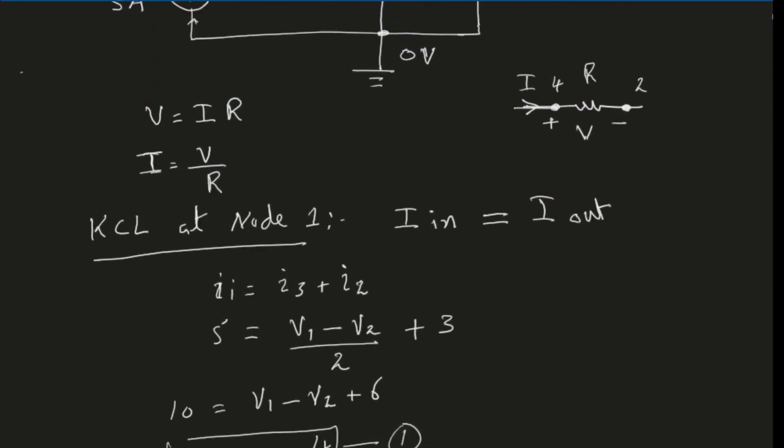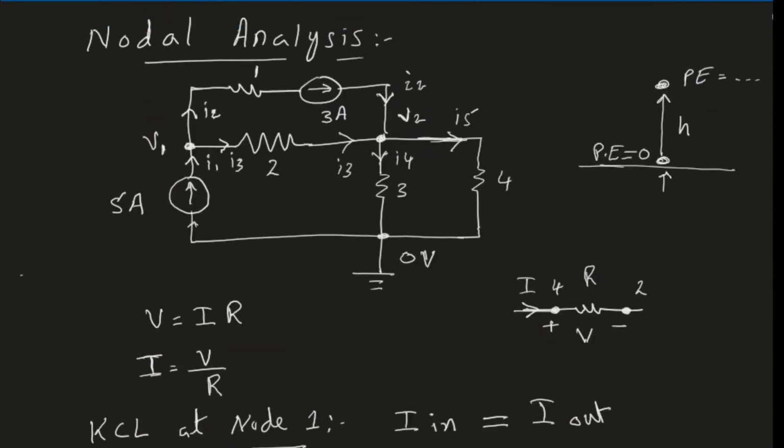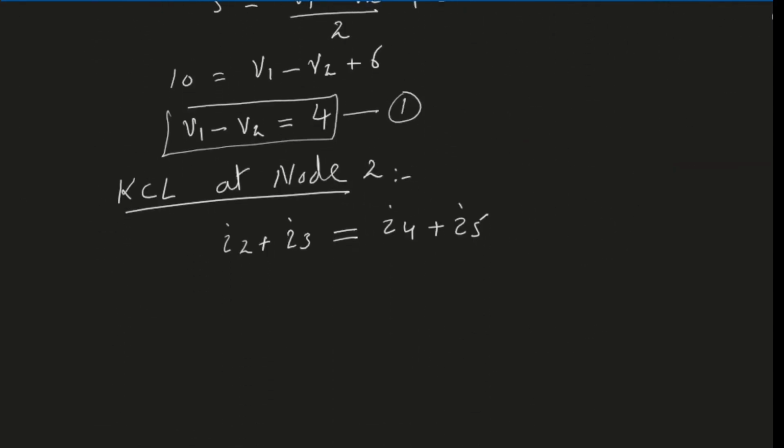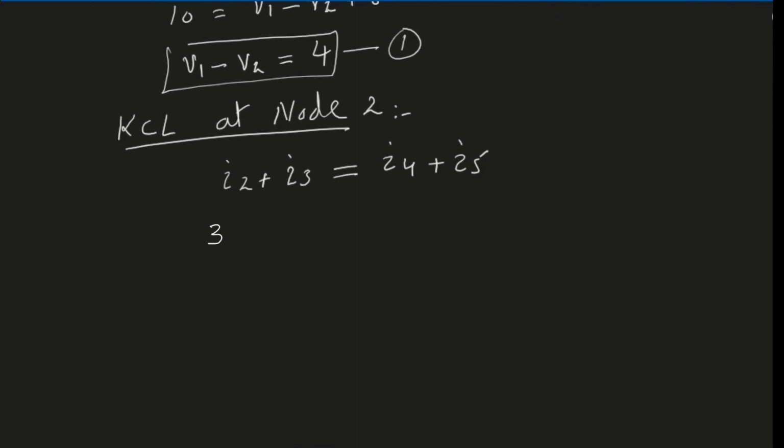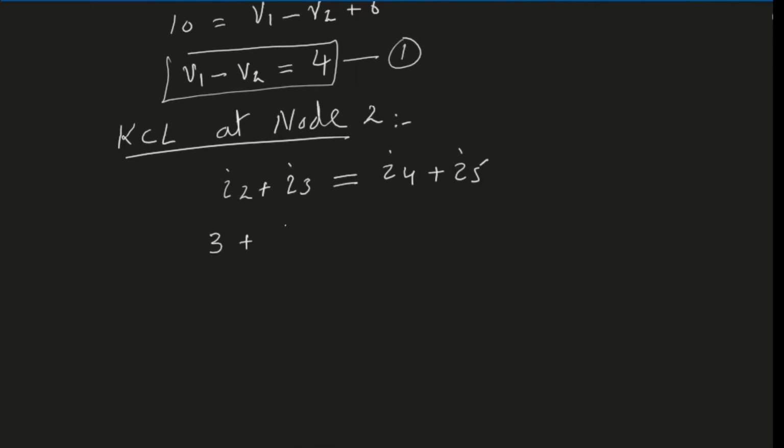Now, let's see what is I2. I2 is 3 ampere, and I3 is V1 minus V2 divided by 2 ohms.